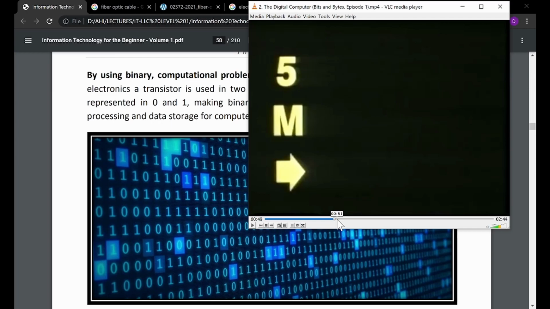The next part is that everything we see on our screen is made up of this code, a group of them. Whether we see numbers or text or images, they are all made up of this code.